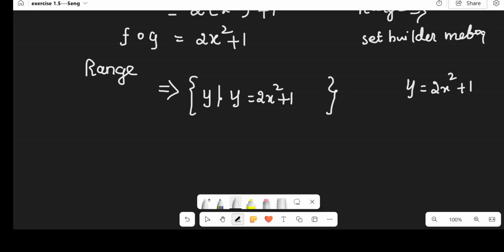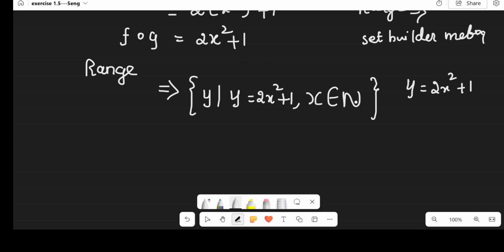This symbol is such that. Y such that y equals 2x square plus 1, comma, and I'm going to include one more notation, that is the belongs to notation. Here x, I'm writing x belongs to N.